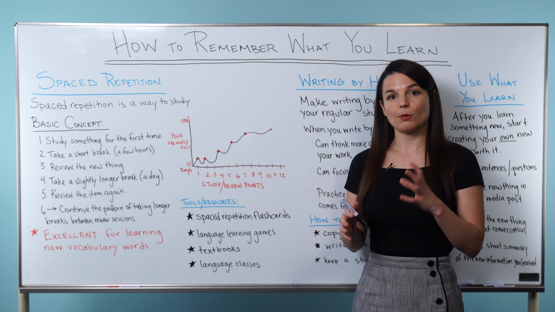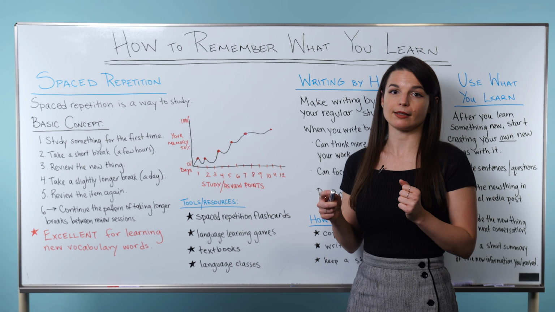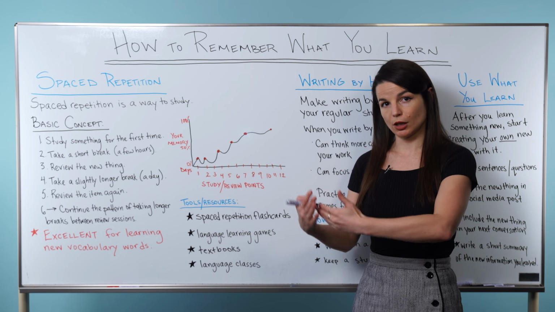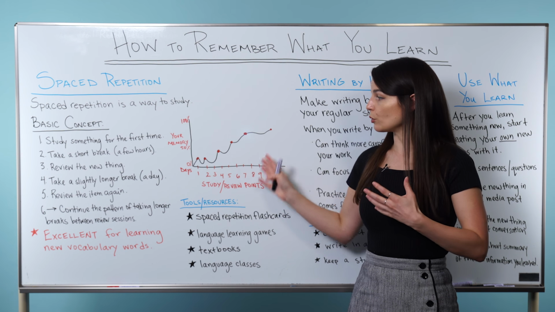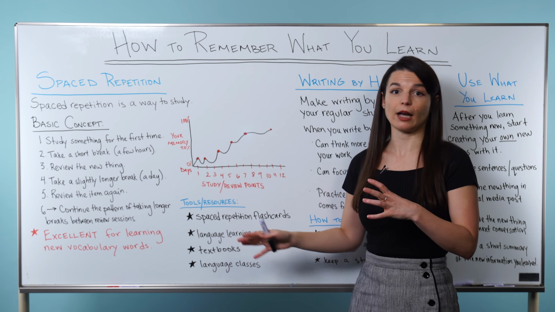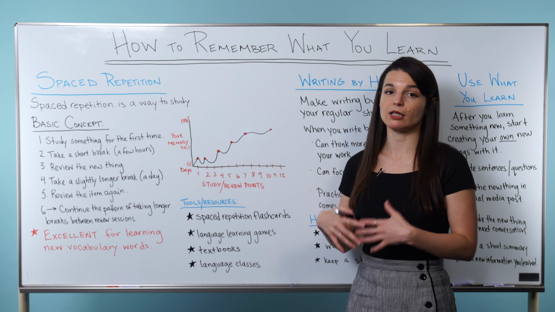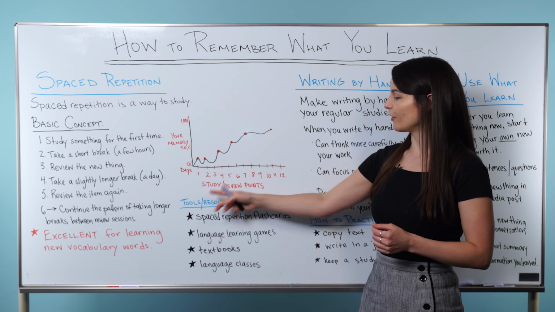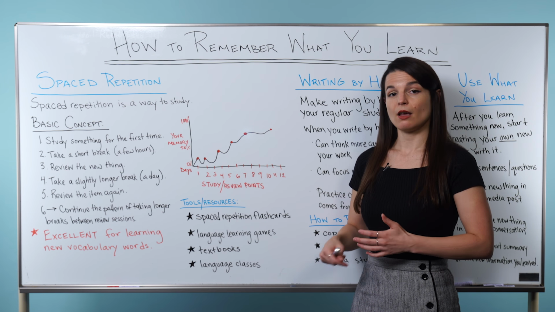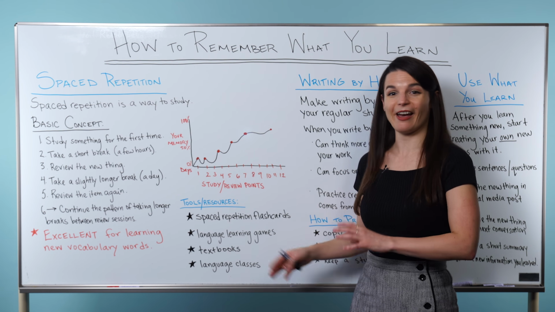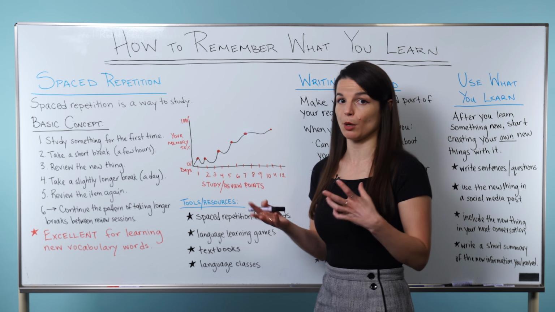So please keep in mind that when you attend language classes, you should really make an effort to review, to use these kinds of concepts to build your memory and to build your skills. So these are a few tools that will help you to naturally have this kind of spaced repetition practice.